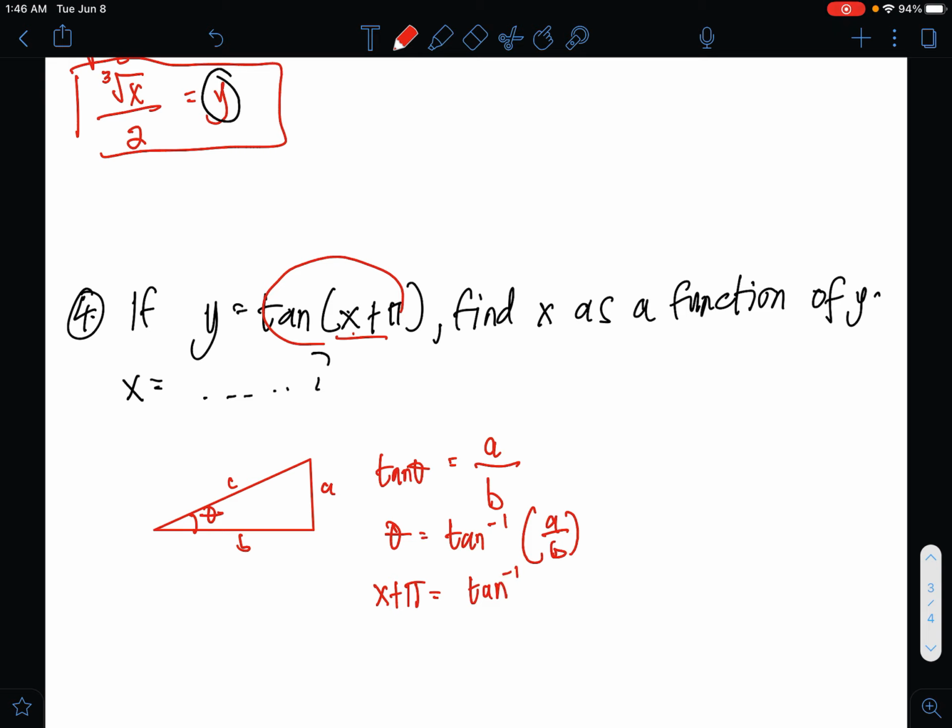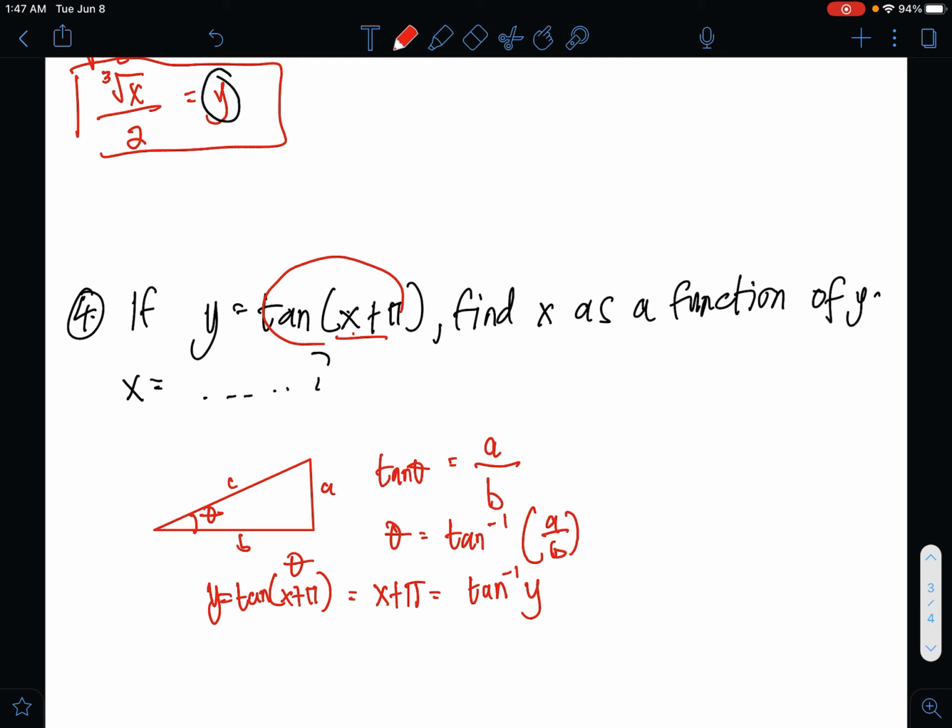Ay sa nalibog ko ay tama, arctan y ana. No so ngano na naman sir pare lang dire so theta is equal to arctan a over b kay y man na siya dire. So, this is coming from y is equal to tan x plus pi. No so therefore ang theta nato dire, ilet nato ni siya as theta.